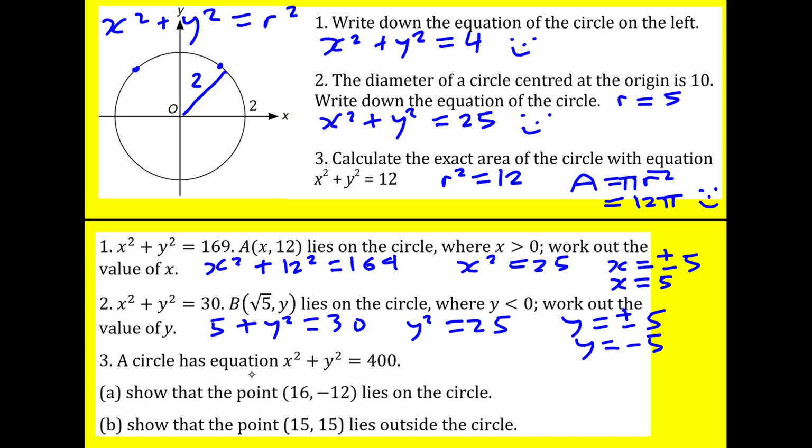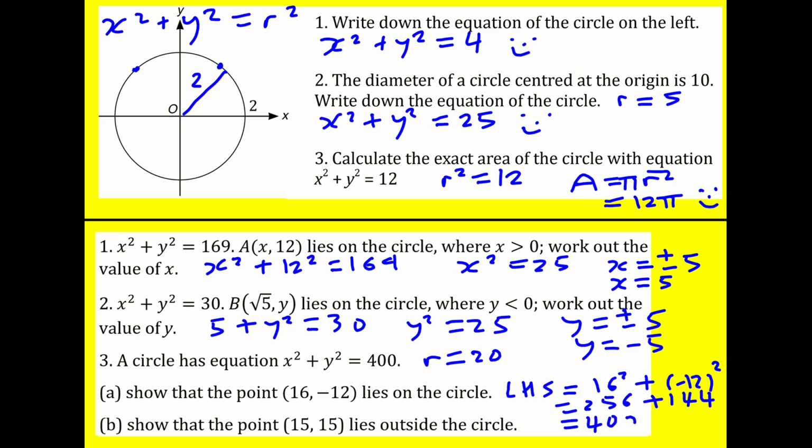Okay, last little bit, we've got a circle, so we can see that the radius is going to be the square root of 400, which is 20. Just going to write that down. Show that a certain point lies on the circle. The left-hand side is going to be 16 squared plus minus 12 squared. 16 squared, I think, is 256. Plus 144, and that is equal to 400.